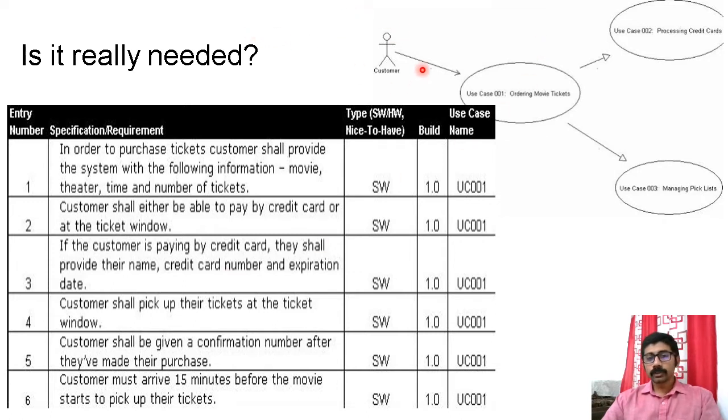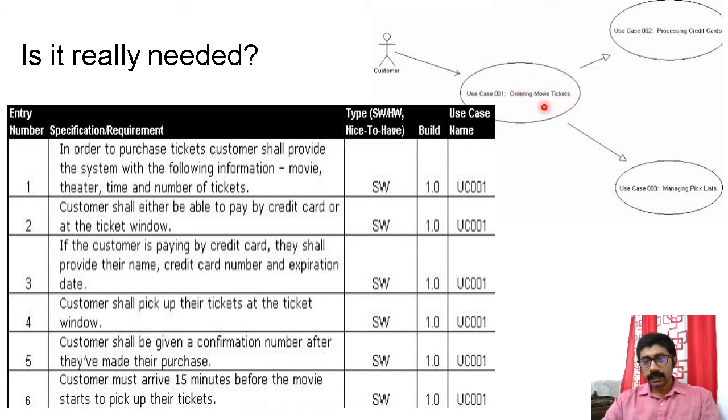Using this diagram also, we can represent the same thing. If you see this, one user is interacting with the system, essentially trying to order movie tickets. In that order movie ticket action, the operation happens by processing the credit card, and there is another feature, manage pickup.